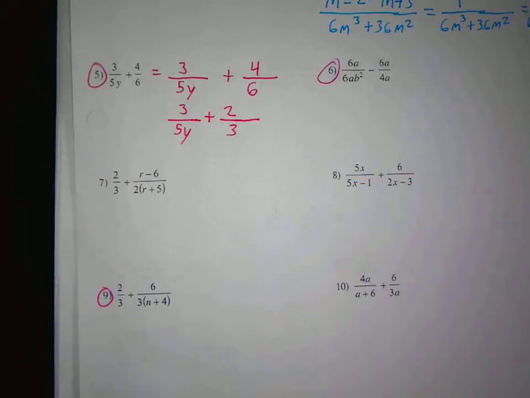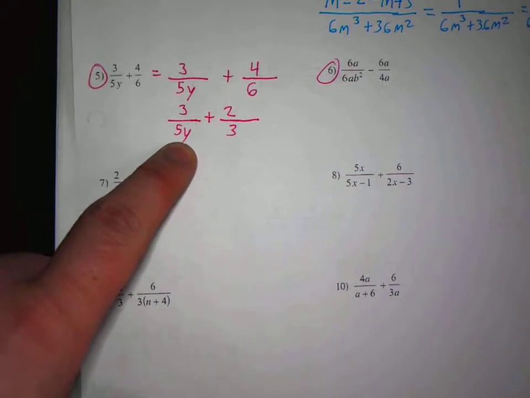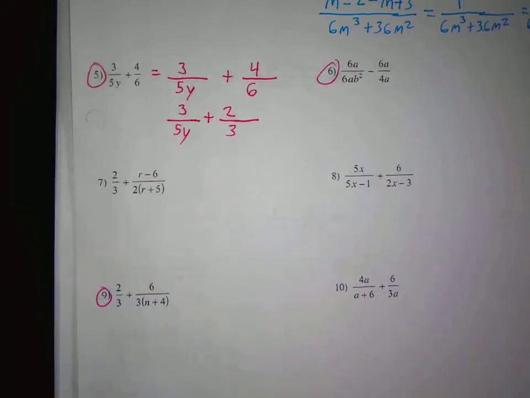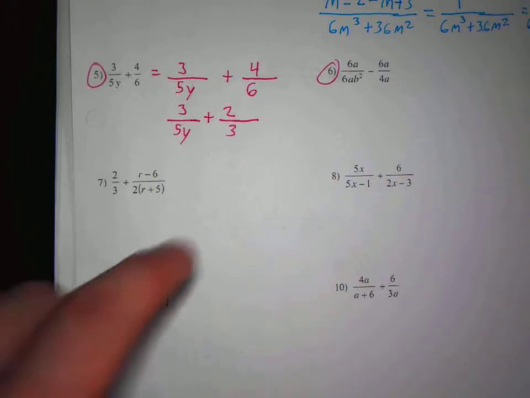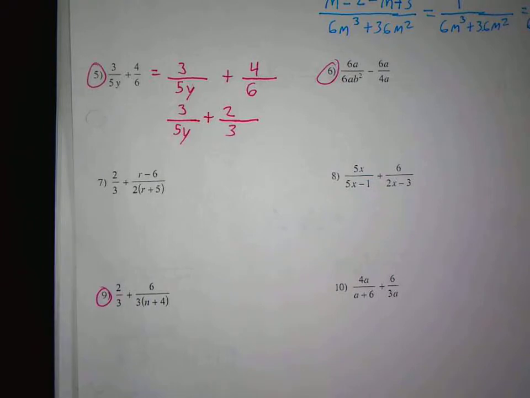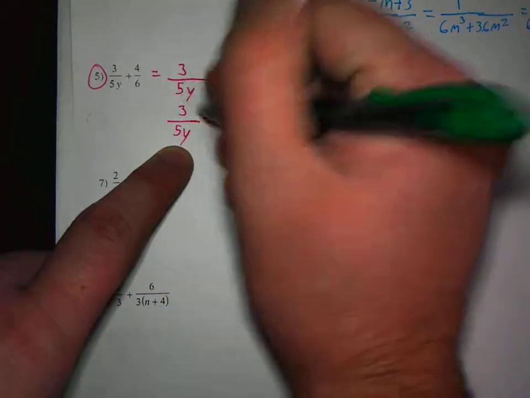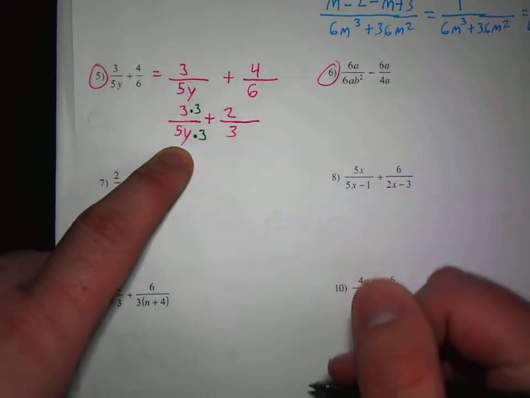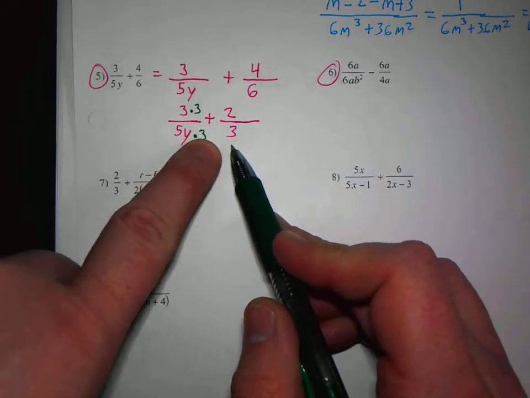Okay, you want the denominators to be the same. So then you start asking, what does 5y and 3, the smallest numbers they'll go into is 15y. Does that make sense? Another way to think about it is if you give this one a 3, now they both have a 3, right?